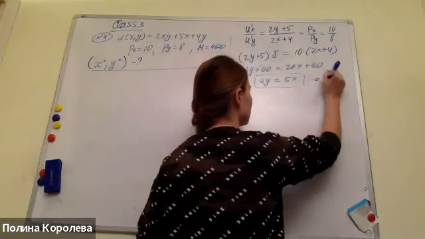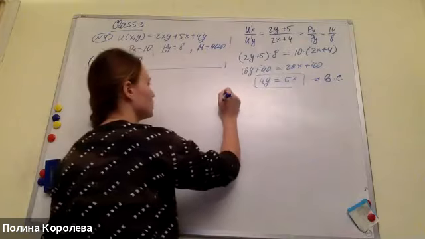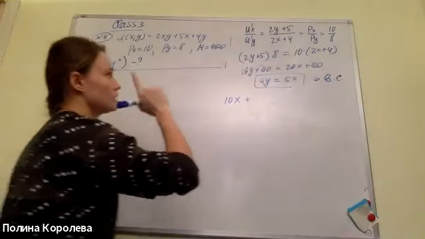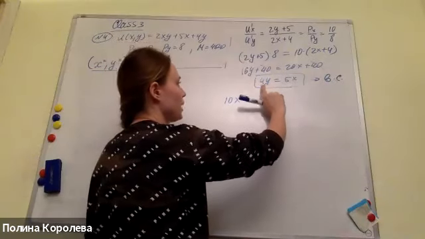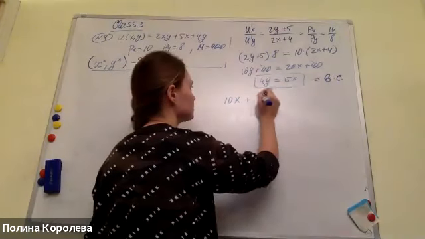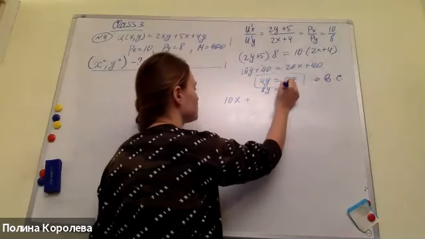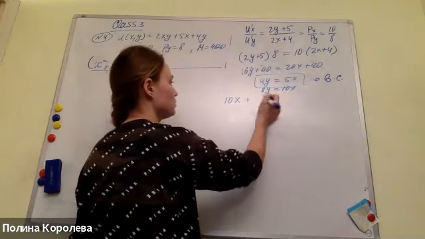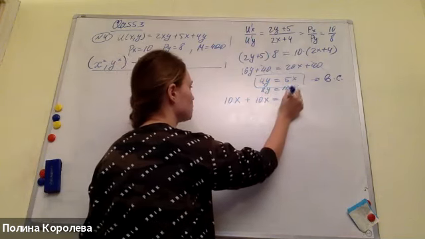Put this into the budget constraint. So it will be 10x plus 8y. Instead of 8y, we say it is 10x. So 8y is equal to 10x. So instead of 8y, we write 10x. It is equal to 400.